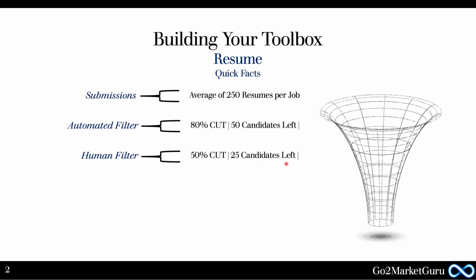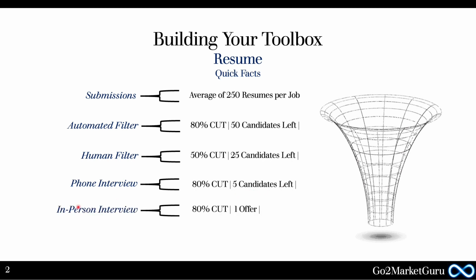And so there'll be about 25 candidates left after this is carried out, upon which a phone interview will be offered to these 25 candidates where they'll get to talk about their skills, their background, their motivation, and so forth, at which point 80% are going to be cut, leaving 5 candidates left who will have an in-person interview, and 80% will be cut until one offer is given with a 90% acceptance rate.